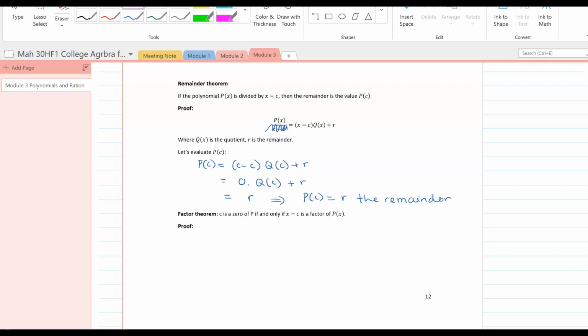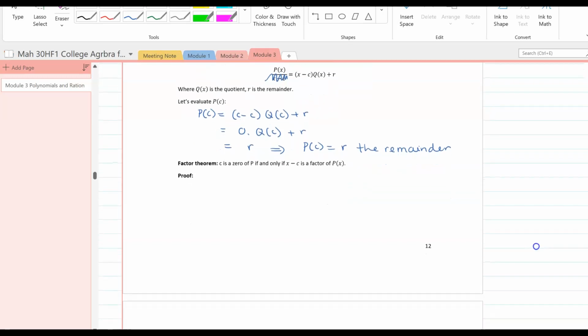Factor theorem. c is a 0 of p if and only if x minus c is a factor of p of x. So let's prove that.